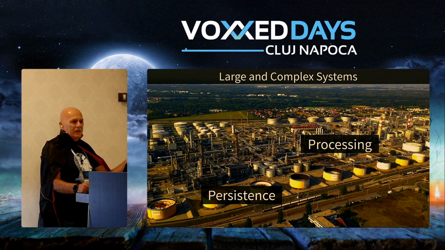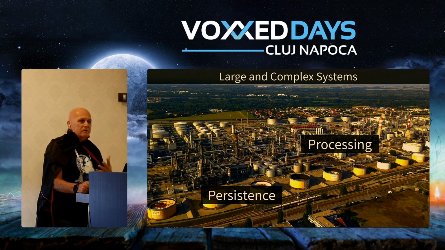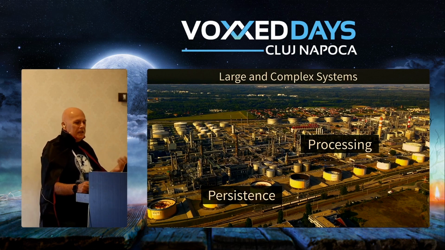You're taking monolithic code and breaking it up into smaller, finer grain units of deployment. But there's also an evolution we're trying to see happen at the persistence level, which is often much harder to do.